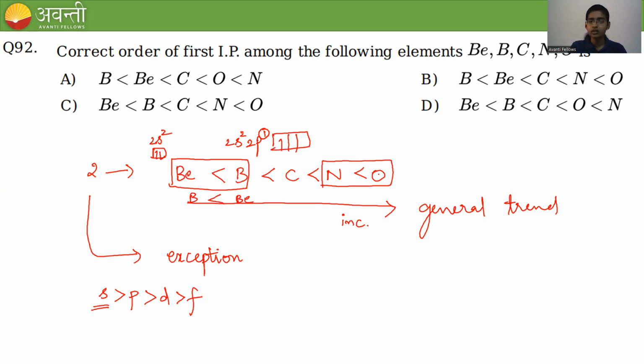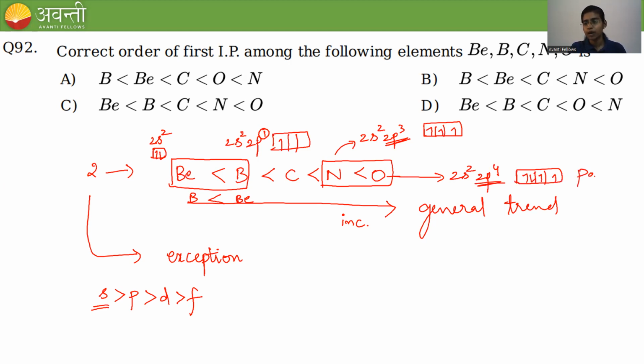And coming to nitrogen and oxygen, the electronic configuration of nitrogen is 2s2 2p3, and for oxygen it is 2s2 2p4. So in case of nitrogen, in the 2p orbital we have 3 electrons, and in case of oxygen, in the 2p orbital we have 4 electrons.